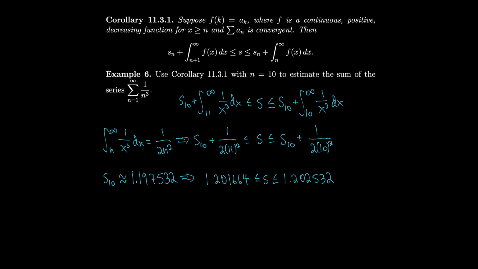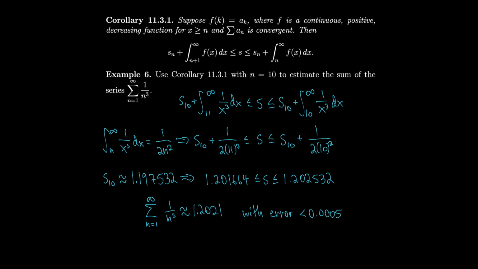So if we take the middle of this interval and use that as our estimate, then we can say that the sum of 1 over n cubed is about 1.2021. Since we're in the middle of our interval, that means that we're halfway between the left and the right. So if we take the width of the interval and divide it by 2, then we see our maximum error is less than 0.0005.